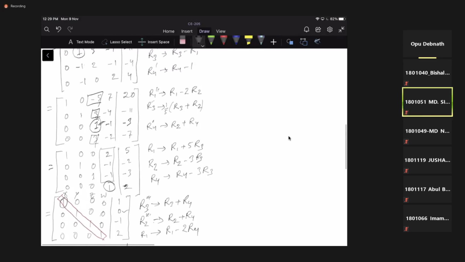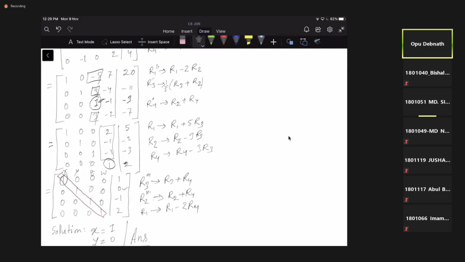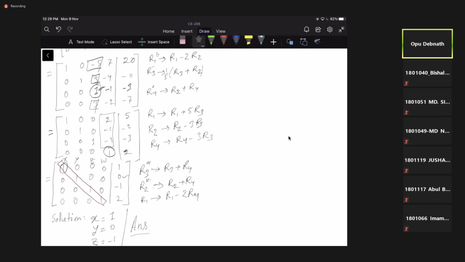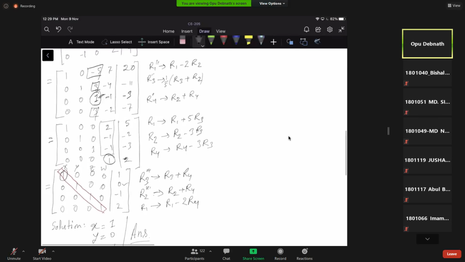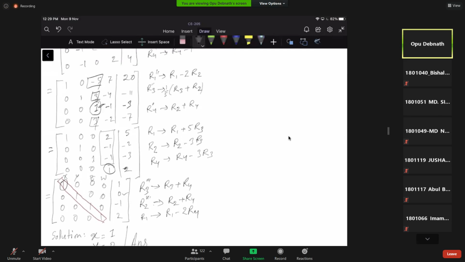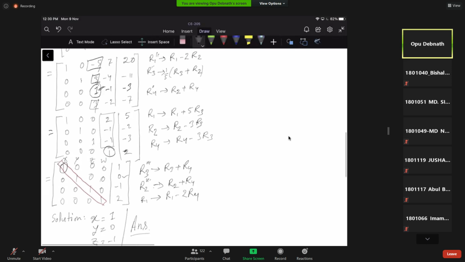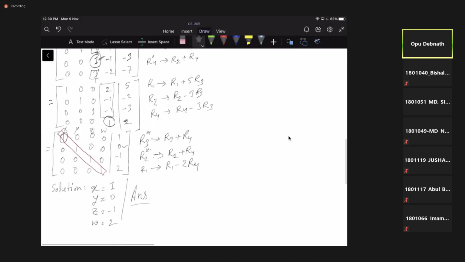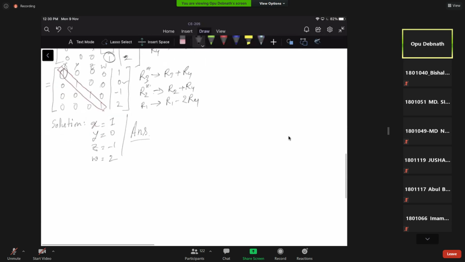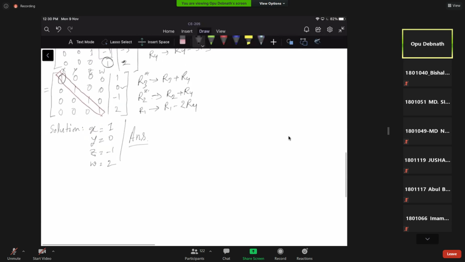If you miss any one numerical value in any step, this will carry over throughout the steps, and the total calculations may end up in a haphazard condition. Sometimes I found that students make one mistake. Even one mistake in preceding steps creates a fraction value, say 5 by 3 or 4 by 3, 29 by 5, something like this, and the calculations itself become very complicated. So be careful about these calculations.